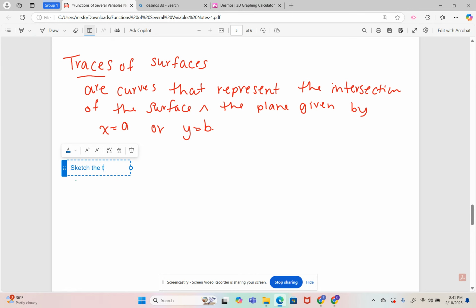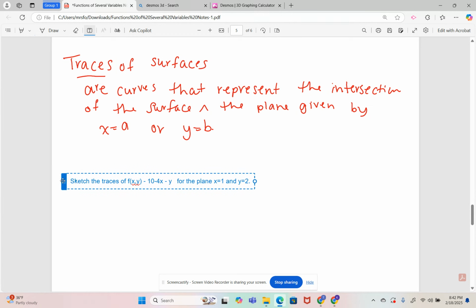So sketch the traces of f of x, y equals 10 minus 4x squared minus y squared for the plane x equals 1 and y equals 2. Okay, so here's these directions.